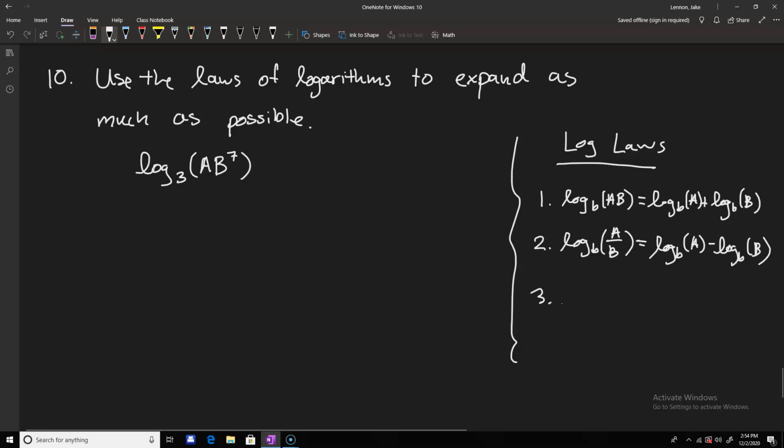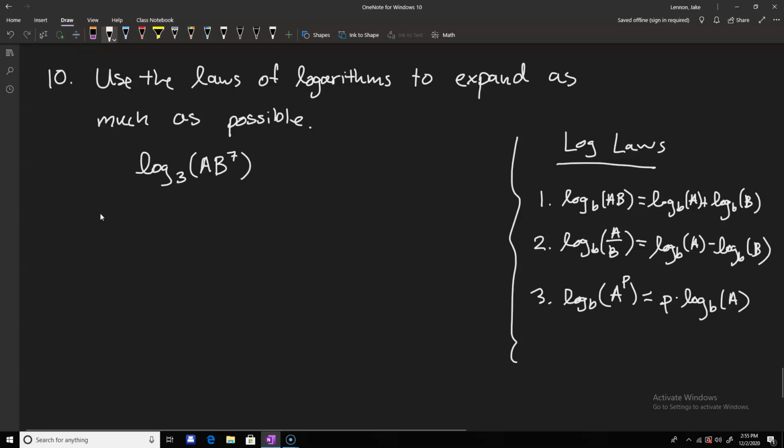And for 3, if you have the log base b of, say, a to some power p, you can bring that power down in front. So this is p times the log base b of capital A.